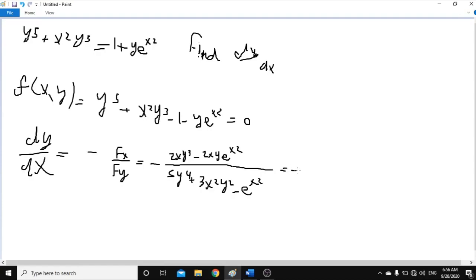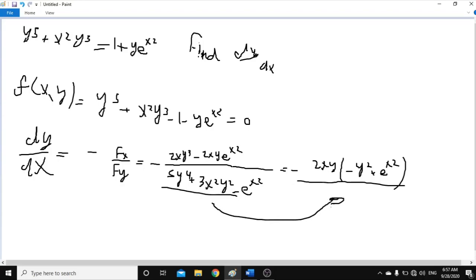Last but not least, you can take the common factors out of the parentheses, which are the 2x and y from the top. 2x times y, you can take them out and write it as negative y square, and then plus e to the x square, and then over the bottom, which is going to be the same value, nothing is going to change.